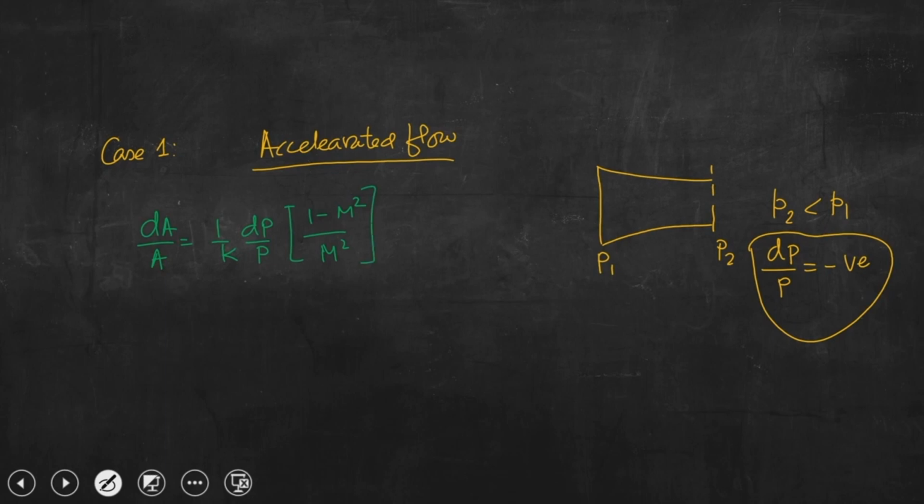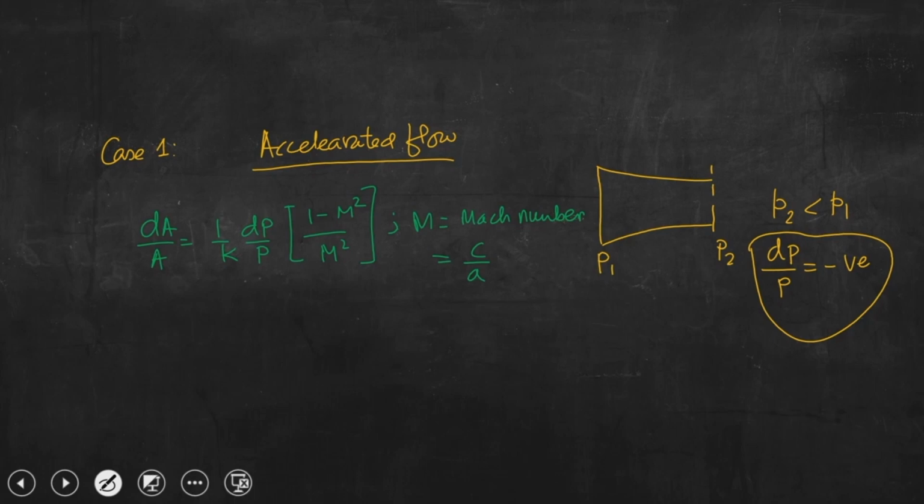M is the Mach number, equal to C by A, that is, the ratio of the local fluid velocity at any particular section, at a given pressure and temperature, to the local sonic velocity at that section at that pressure and temperature.